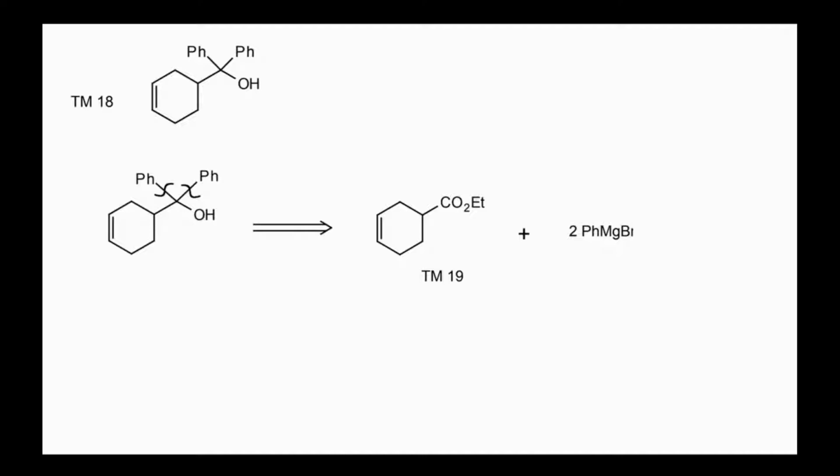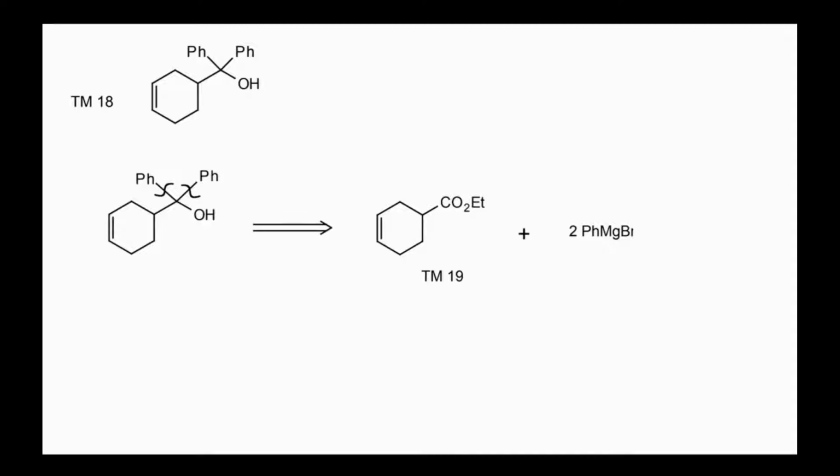Then you can disconnect these groups, not alkyl in this case, but 2 phenyl groups rather than ethyls. We have 2 phenyls, then you can disconnect 2 phenyls, the rest of the compound will become ester, and then you can react this ester with phenyl magnesium bromide, and then you connect these 2 compounds together to give you the product in the forward direction.